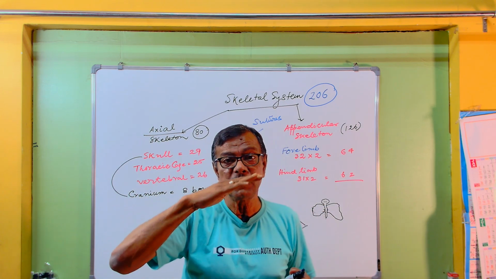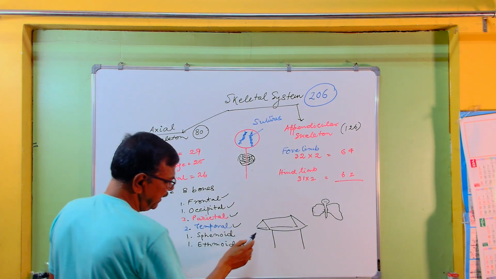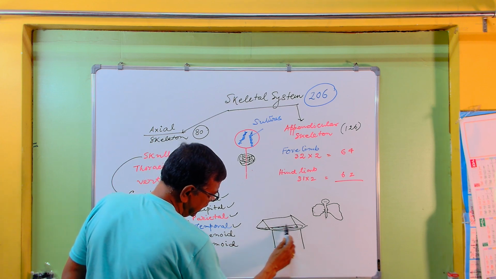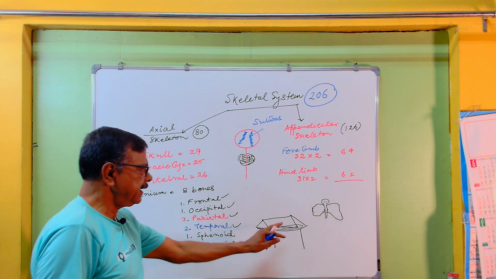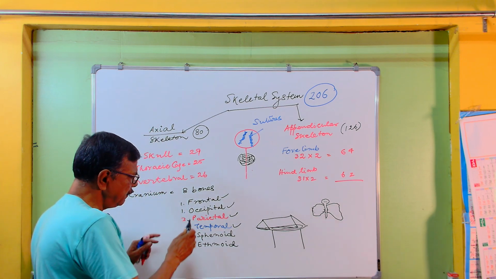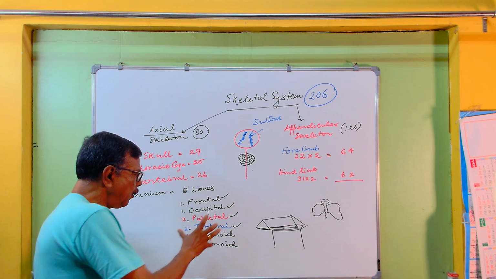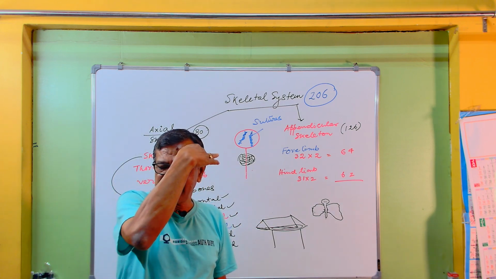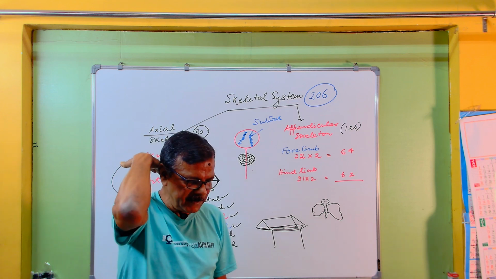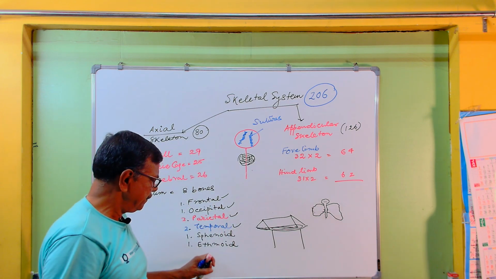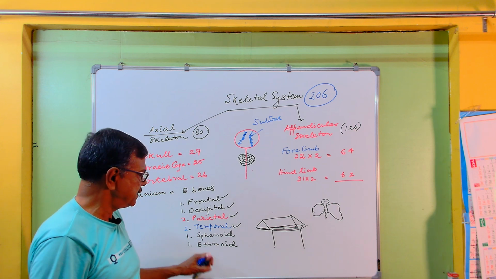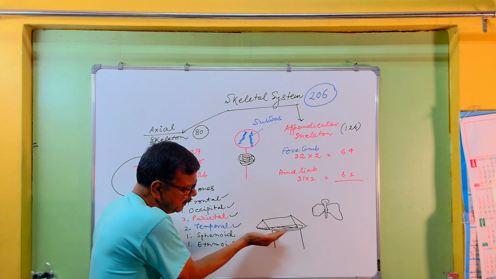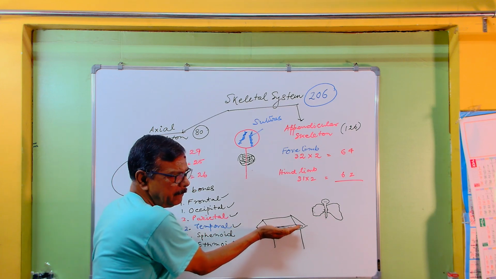This ceiling is known as the sphenoid bone. If you go through this from inside, you can see this is the ceiling. This ceiling is butterfly shaped and it almost touches all the bones. So it touches the frontal bone, the parietal bones, the occipital bones, and the ethmoid bones also. So this butterfly shaped bone keeps the brain above.